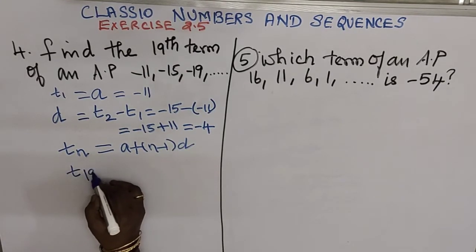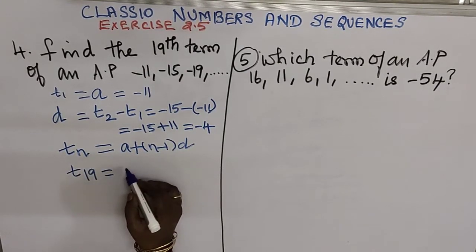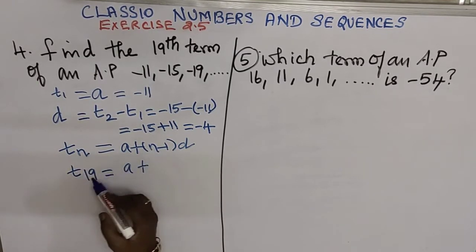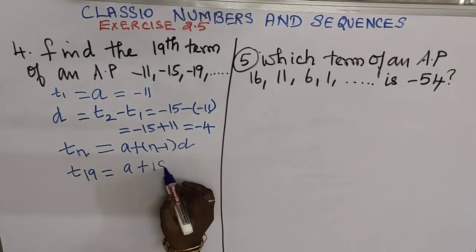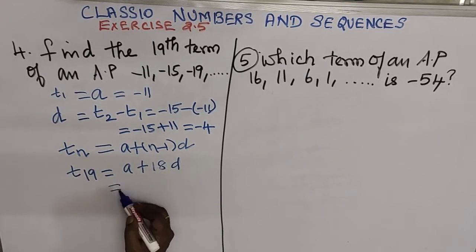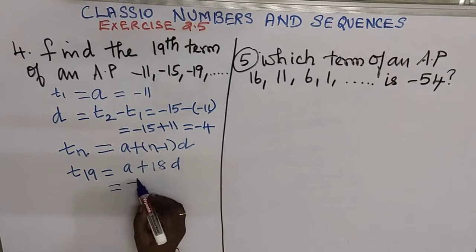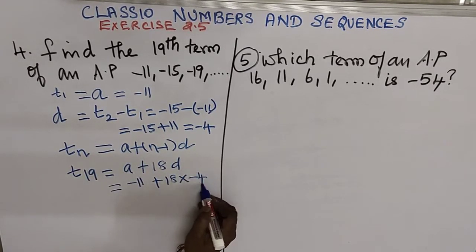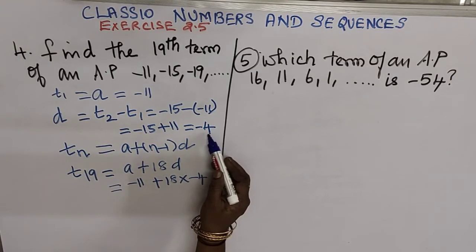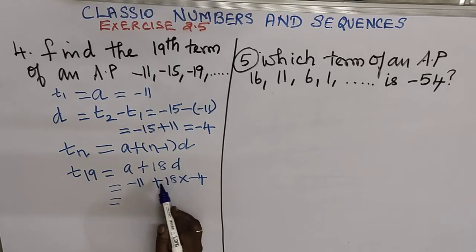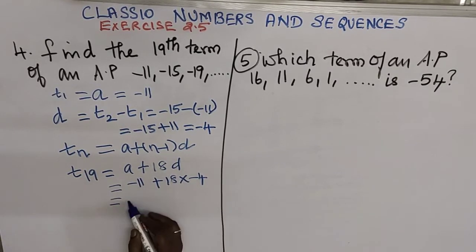So T19 equal to a plus, n means n minus 1, 19 means 18d, that is 19 minus 1. So substitute the value of a, minus 11 plus 18 into minus 4. Substitute the value of d here, minus 4. So first do the multiplication then add.